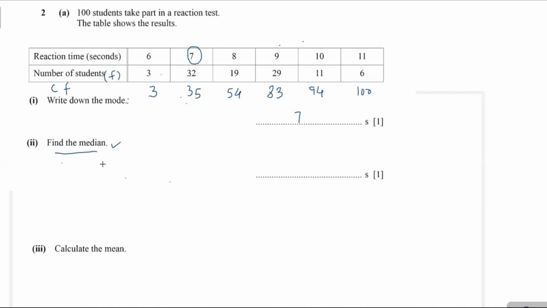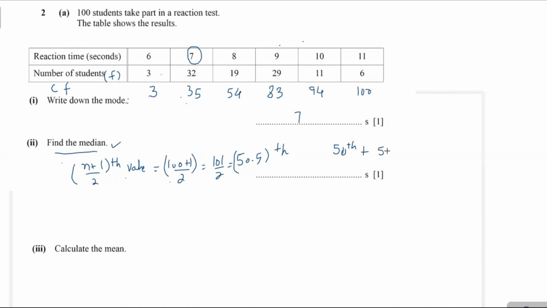You see here, the middle value we can find by using the formula (n plus 1) over 2th value. You see here 100 plus 1 over 2, that's equal to 50.5th value.